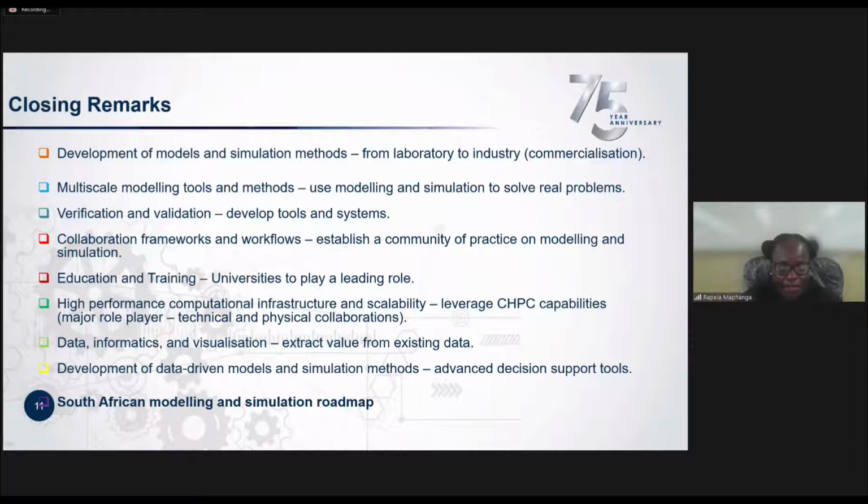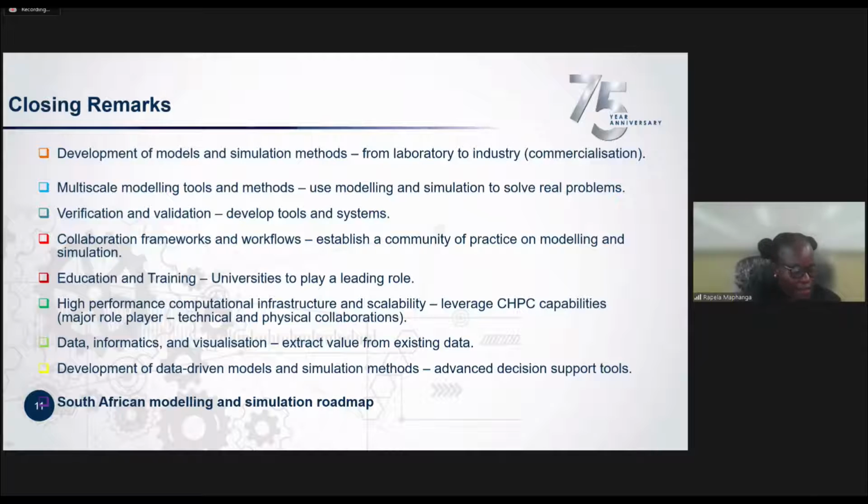So in this case, what the program proposes is that using the data that is available, we develop models using AI or machine learning techniques. Because when using those, one can quickly make decisions compared to when one has to use the conventional methods of modeling and simulation.